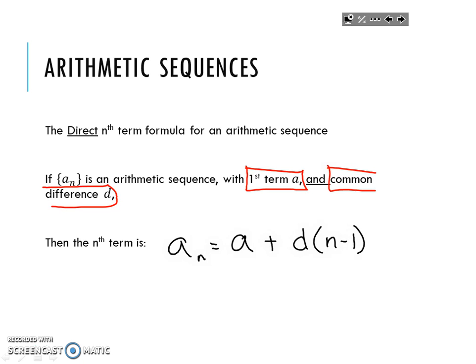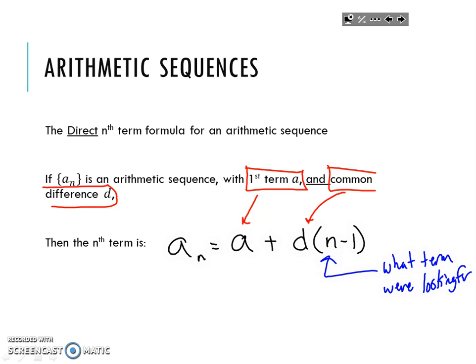Again, A is your first term, D is your common difference. Our n is essentially our input value. N is whatever we want it to be. So this is going to be what term we're looking for.